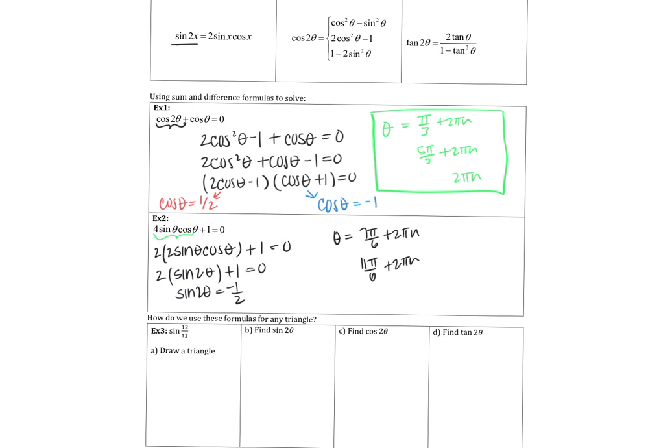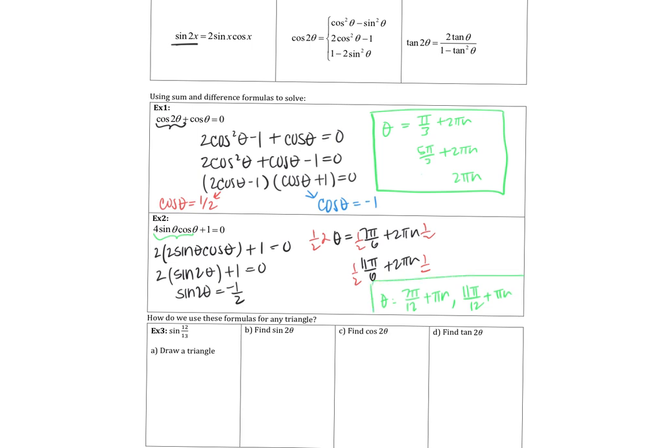But remember, we are not solving for just a regular theta. We have a 2 theta in front. So to get rid of that 2 theta, we have to multiply by 1/2 everywhere. So what's our final answer? Our final answer here is going to be theta equals 7 pi over 12 plus pi n, as well as 11 pi over 12 plus pi n.